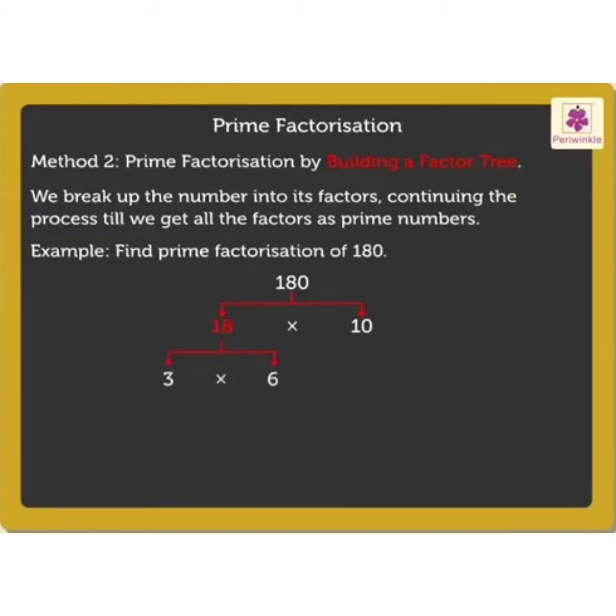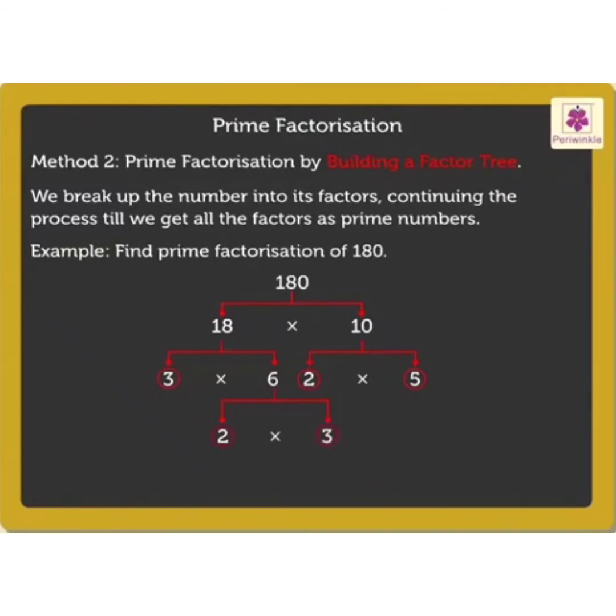So we can write 3 into 6, which will give us 18, and 10 can be written as 2 times 5. Here we get 3 prime numbers, 3, 2 and 5 as factors. We are still left with a composite number 6.